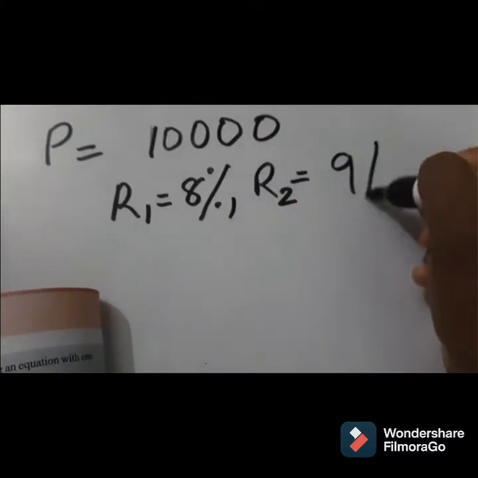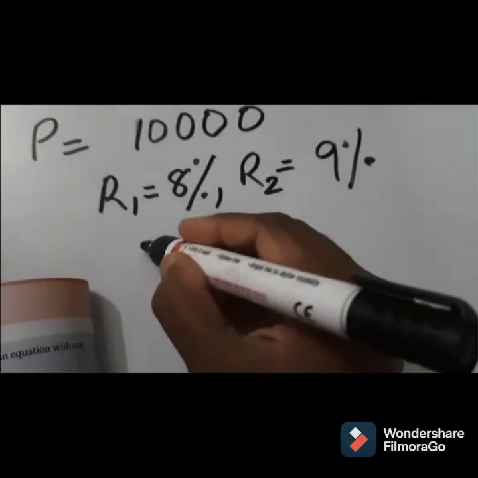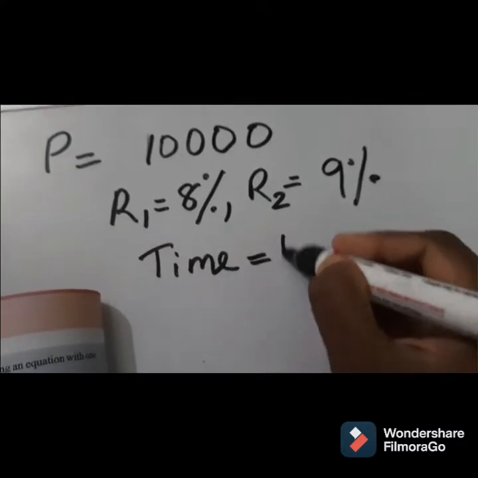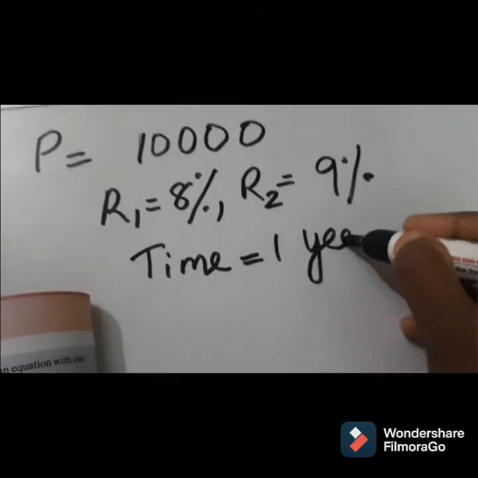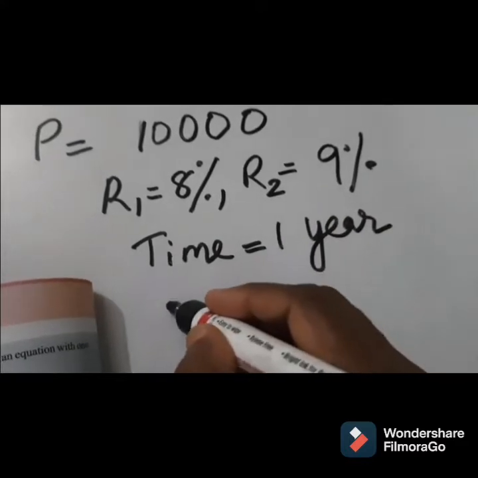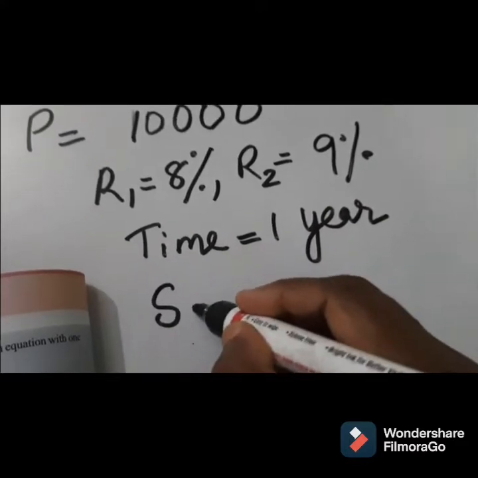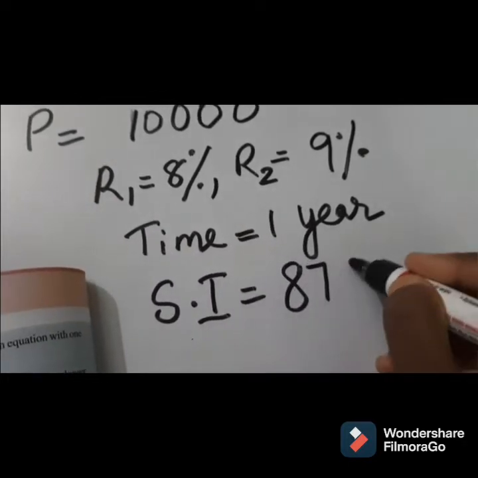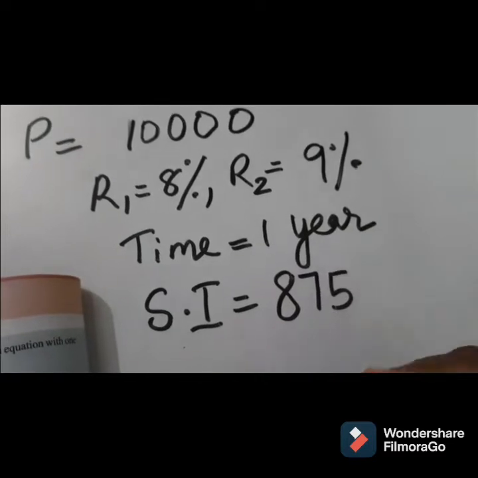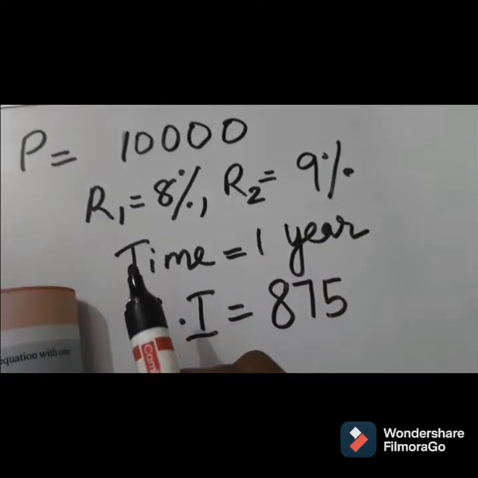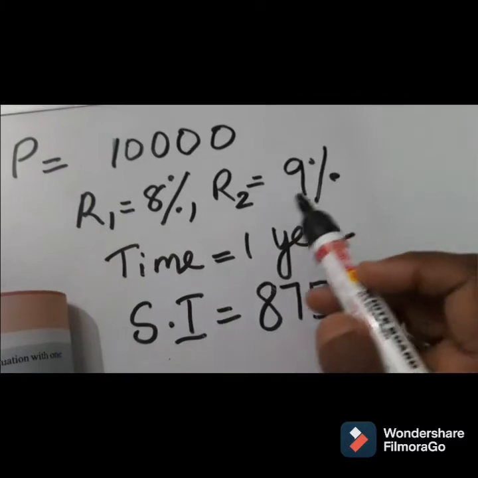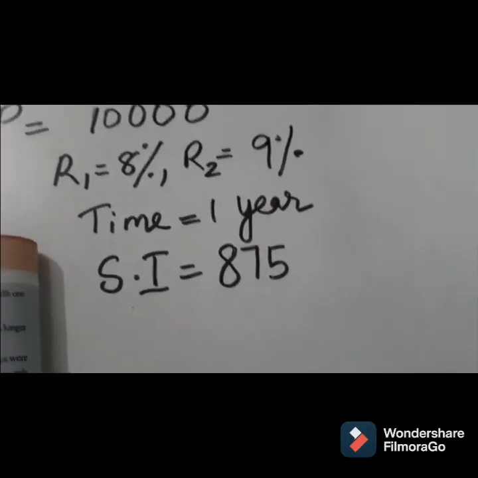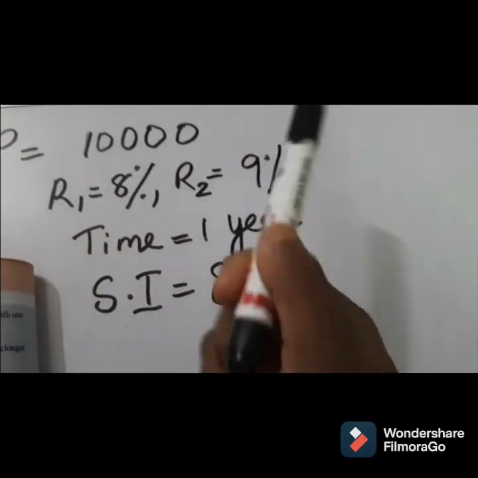Time is 1 year. He got simple interest 875 together. So how much he put in the first scheme and what is in the second scheme? That is the question.